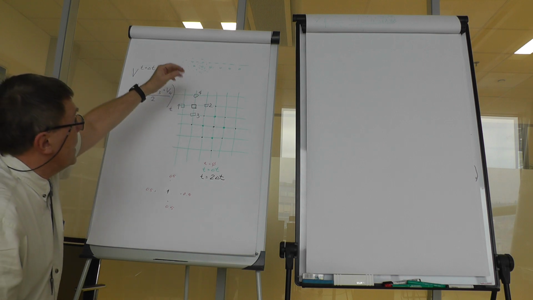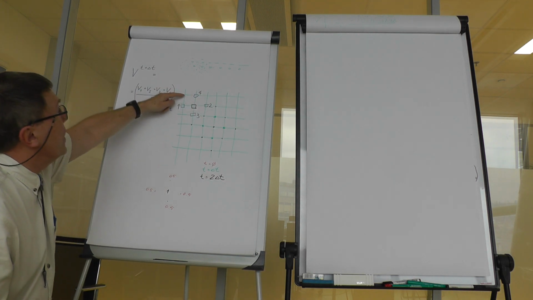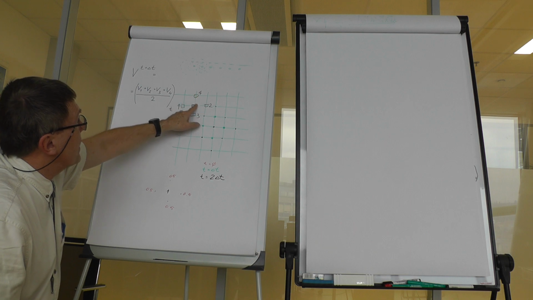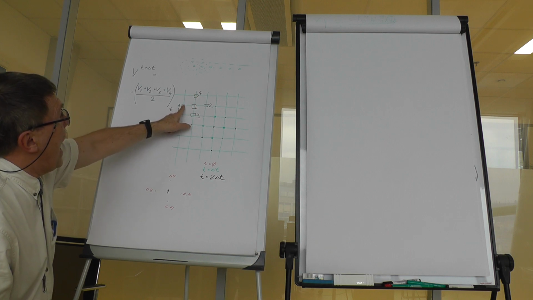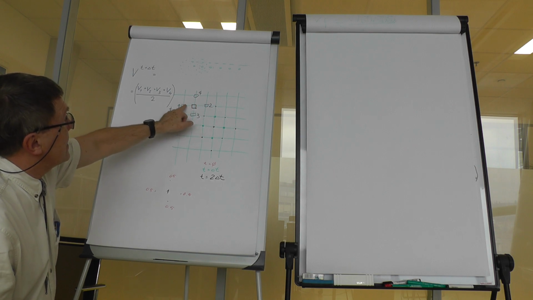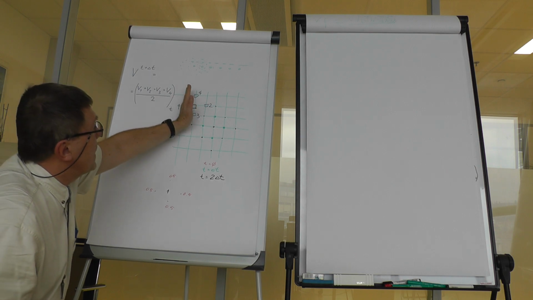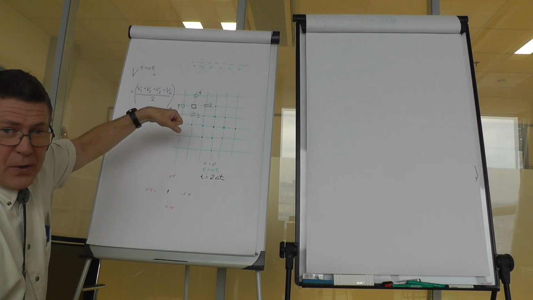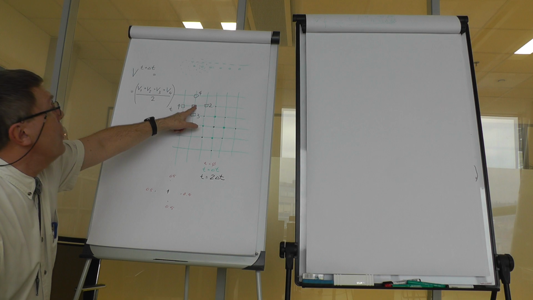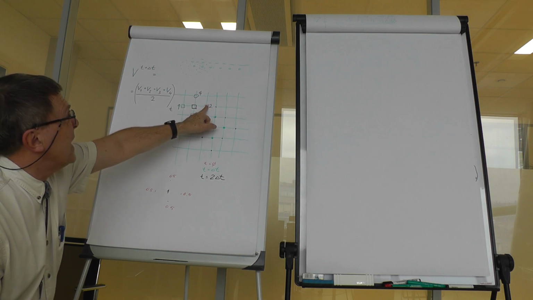Now, of course, to sweep through the net, you have to first update this value, and still you have to remember this one, so that you cannot just do it like in FDTD where you forget the old value. You have to keep this value for the update of the next point here.